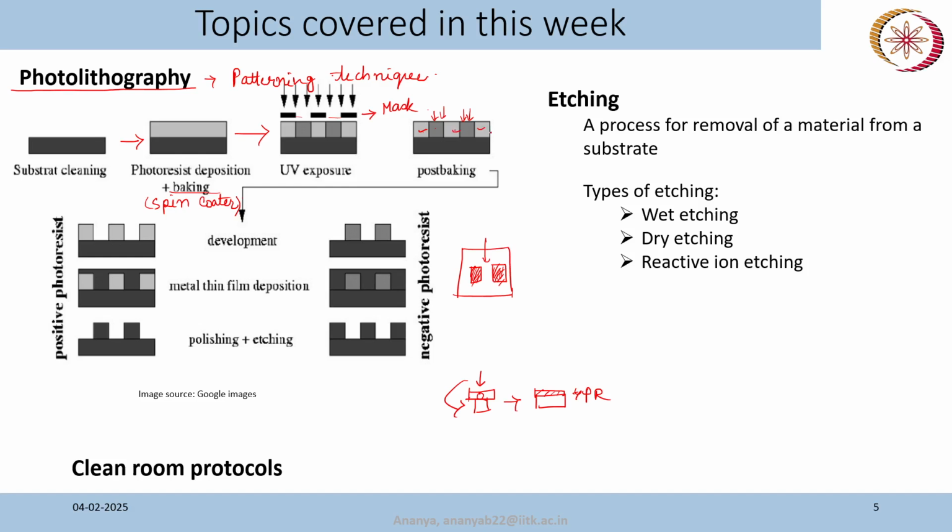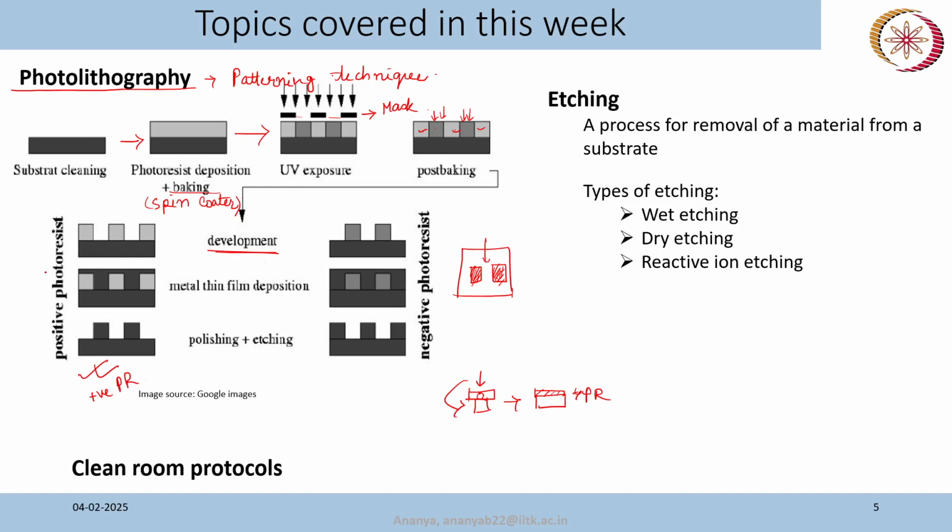Now you do a process called development. You dip it in a certain developer solution. Based on the type of the photoresist, you will get a pattern of the photoresist on top of your substrate. So this is for positive photoresist.